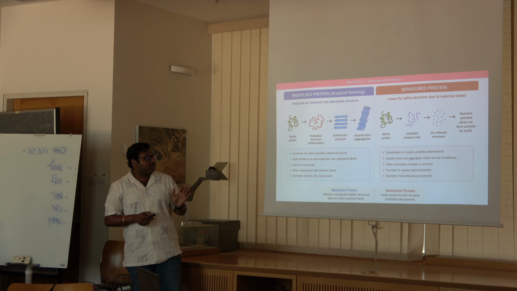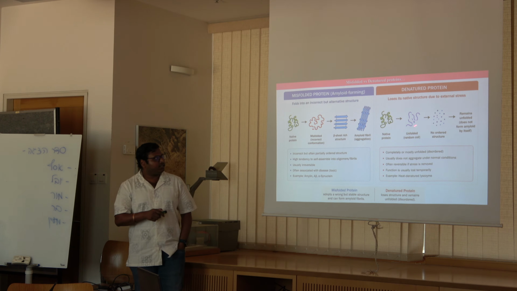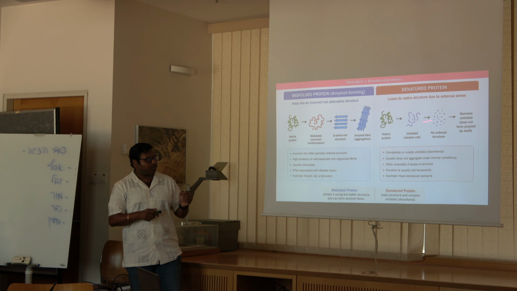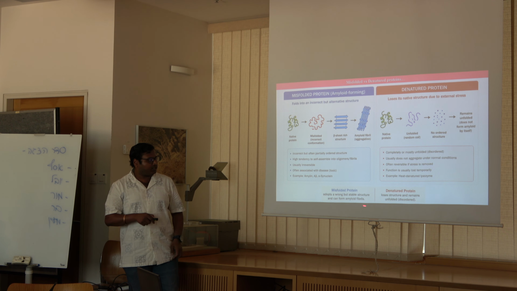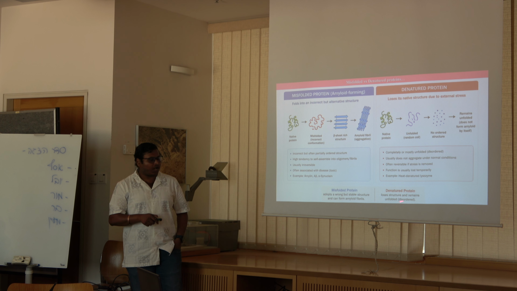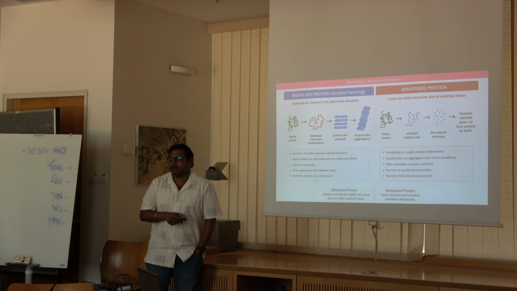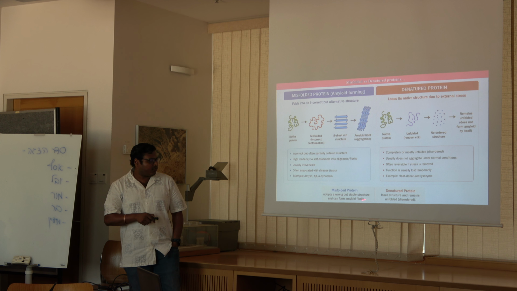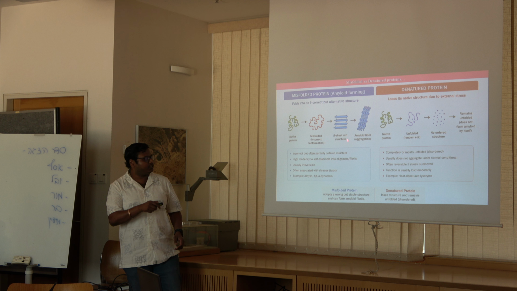So what is the difference then? It's quite obvious that misfolded proteins have some alternative structures, whereas denatured proteins do not have any structure at all. Denatured proteins completely lose their functionality and remain unfunctional or completely disordered. But the misfolded proteins do have some systematic structure, which are these amyloid fibrils or beta sheet rich structures.